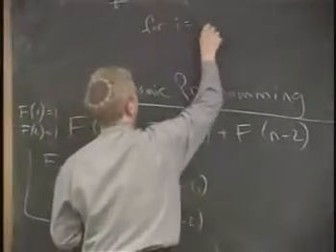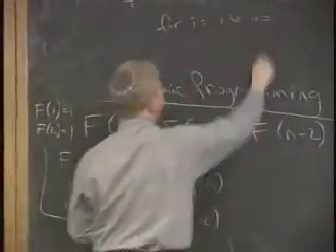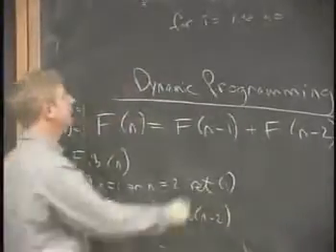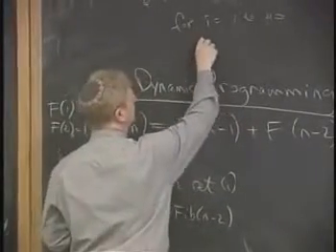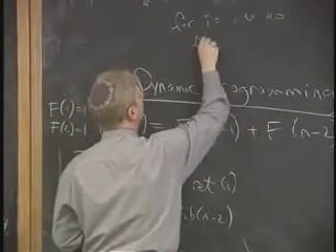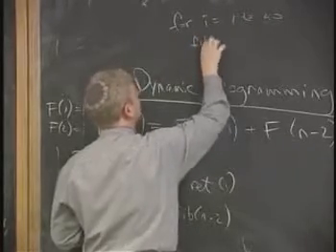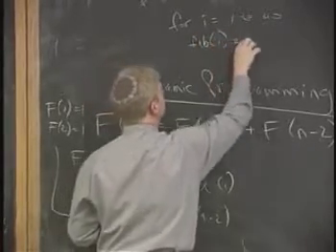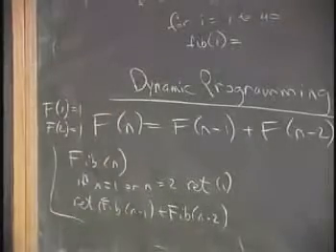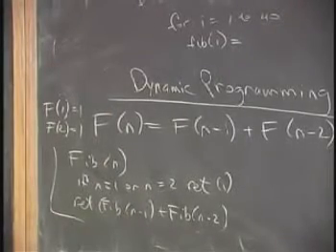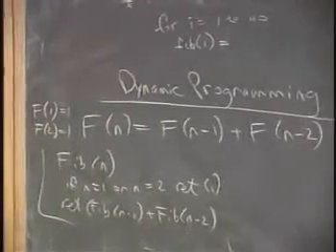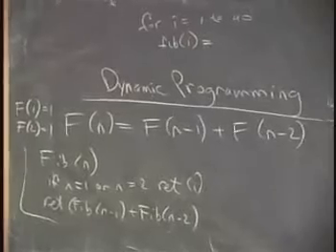For I equals 1 to 40, Fib of I equals... All you got to do is keep two temporary variables. Start the first one at 1, the second one at 1.